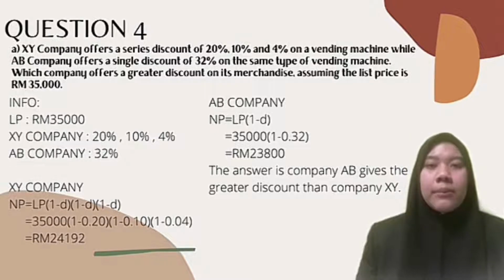For company AB, we use formula NP equal to LP bracket 1 minus D. LP it is 35,000 ringgit bracket 1 minus 0.32. The answer will be 23,800 ringgit. So now we can see that company AB give greater discount than company XY.